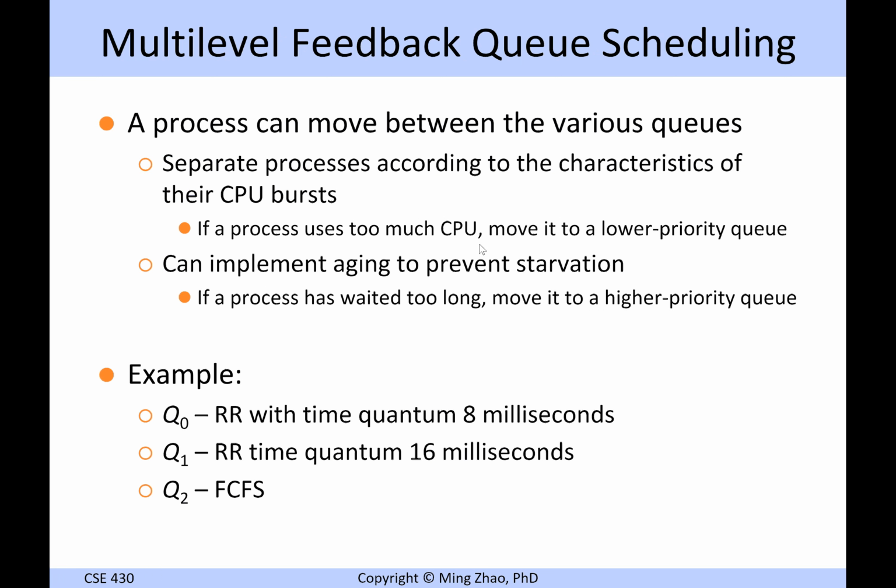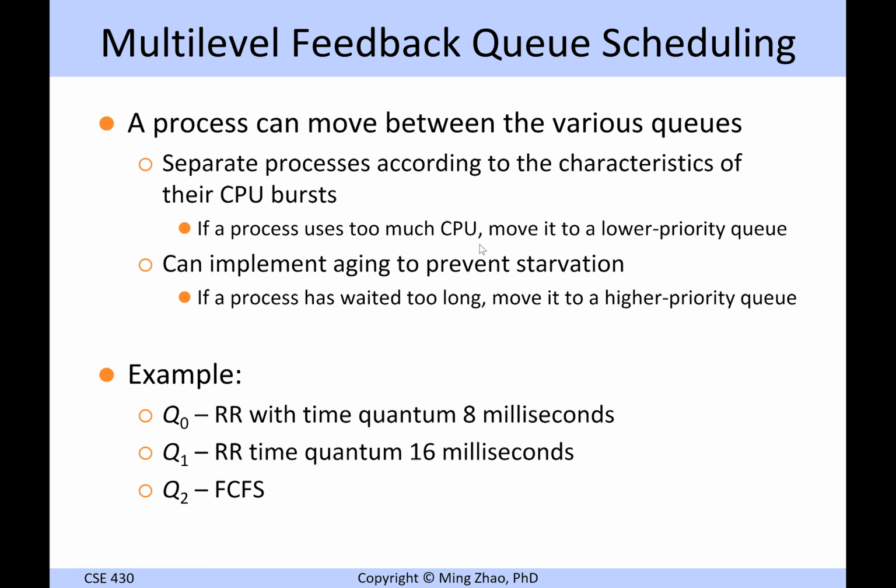We just observe how long this process's CPU burst is. If a process uses too much CPU, then we move it to a background queue, or generally speaking, we move it to a lower priority queue.